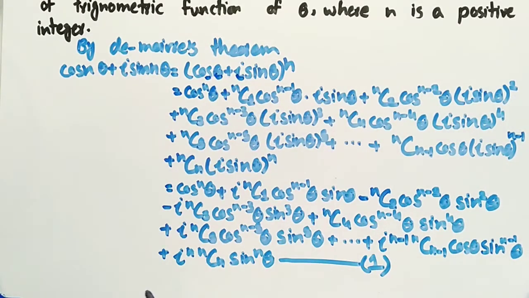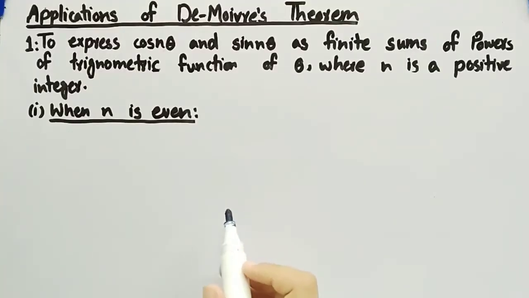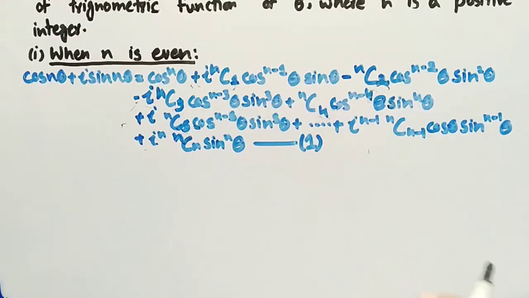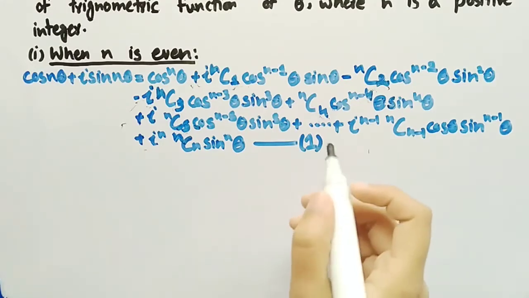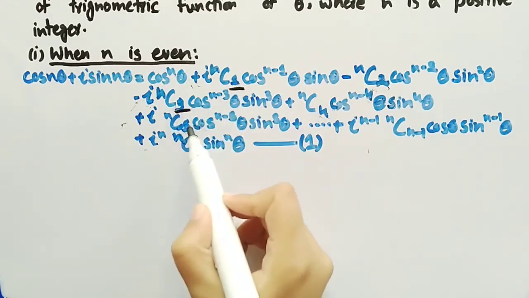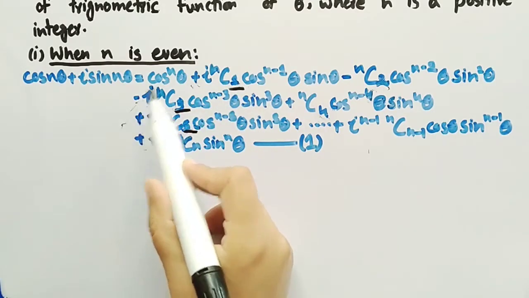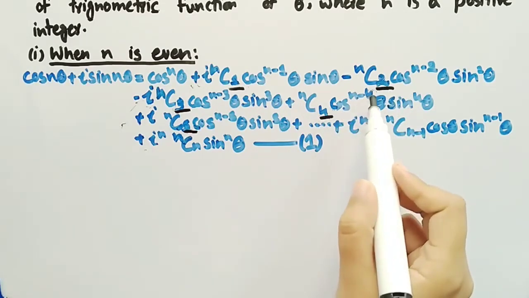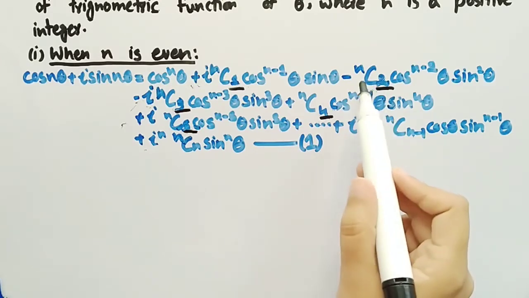To further solve it, we will consider two cases: first when n is even and second when n is odd. Consider the first case when n is even. Let us rewrite equation number 1. If we carefully examine equation number 1, we can see that when there is an odd number at this place, there is i with these terms, and when there is an even number at this place, i is not present with these terms.